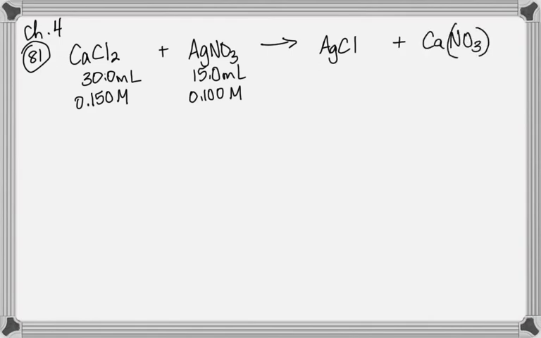And of course, I have to swap and drop on that. And it says, what is the mass in grams of the AgCl precipitate? So that's what I'm wanting to know. This is another limiting reactant problem because you're told an amount for both reactants.